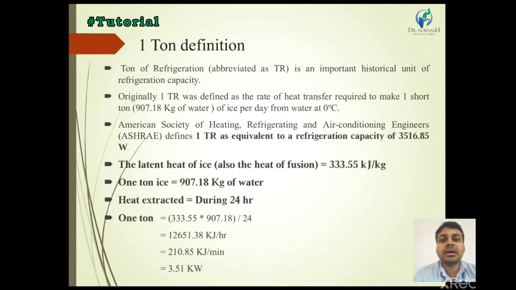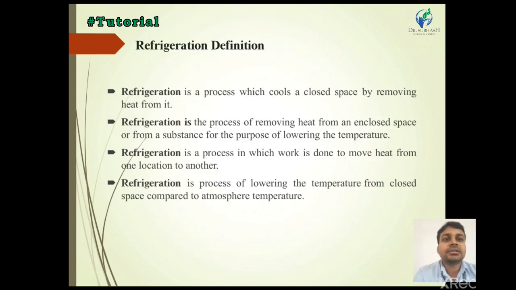We divide it by 60, so the unit becomes kilojoule per minute, 210.85, and then we divide by 60 to get kilojoule per second. So 3.51 kilowatt. That is, 1 ton is equal to 3.51 kilowatt. That is defined as the cooling capacity of a refrigeration or air conditioning system.